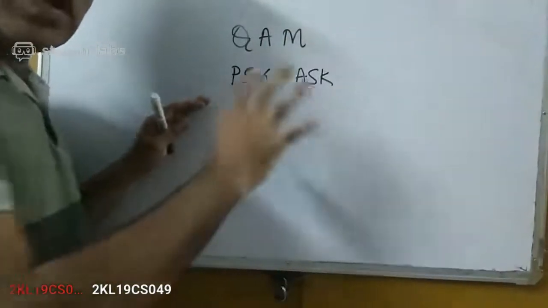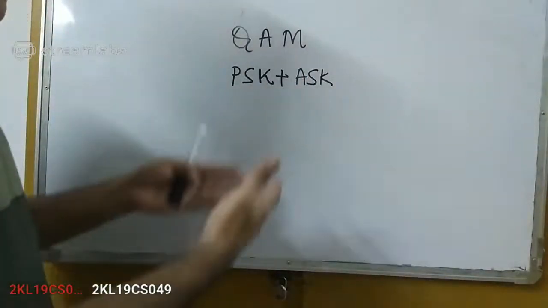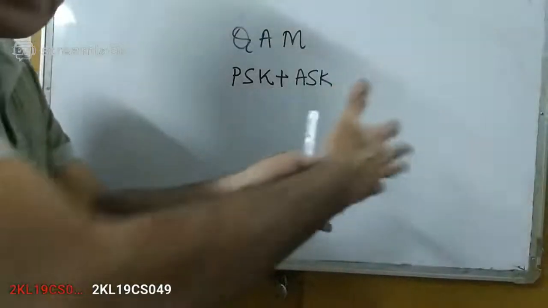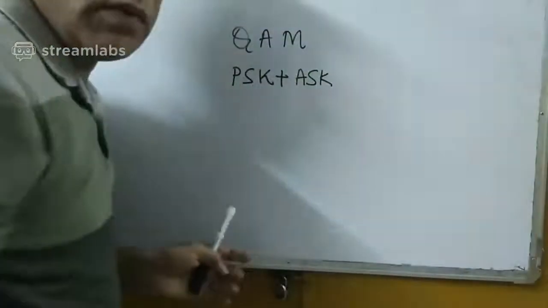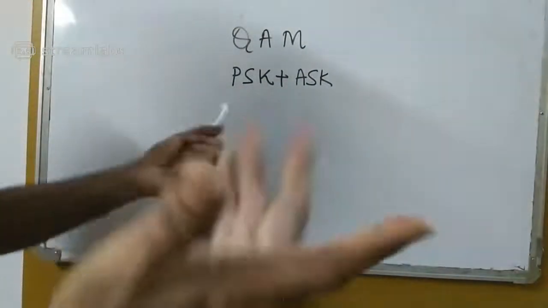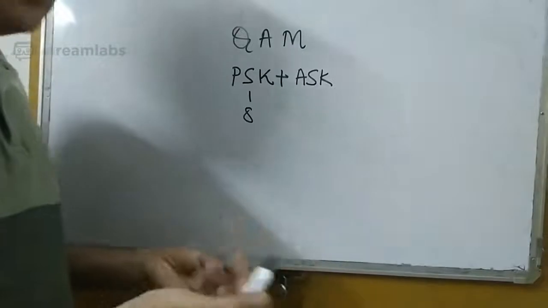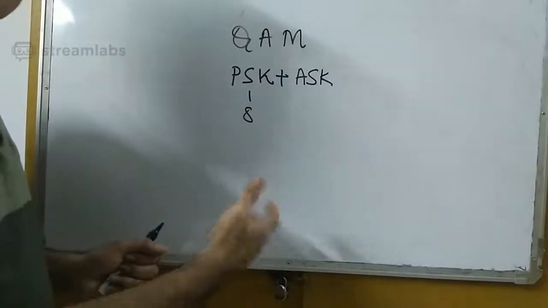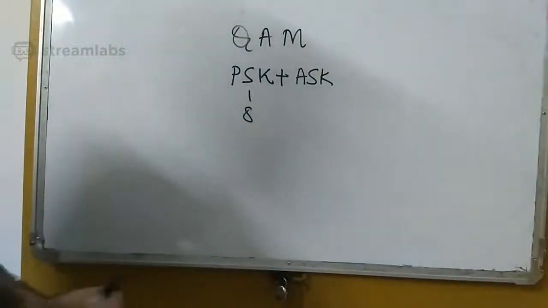Going for more phases will have some limitations, so you will not be allowed to increase beyond some level. At most you can increase it to 8 different phases. Beyond that it makes things more complicated for the receiver to understand.